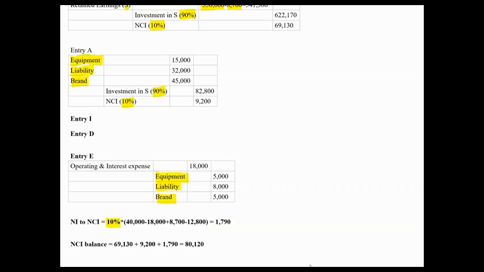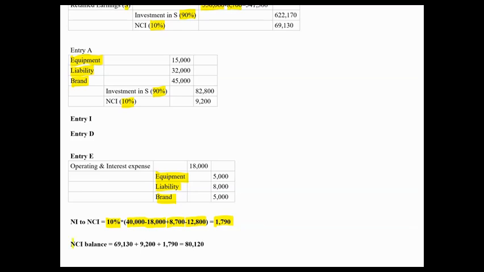It equals 40,000 of the current net income minus this 18,000 excess annual amortization expense, and then plus the deferred profit we recognize this year, and minus this year's deferred gross profit, and we get $1,790. This is the net income allocated to non-controlling interest.